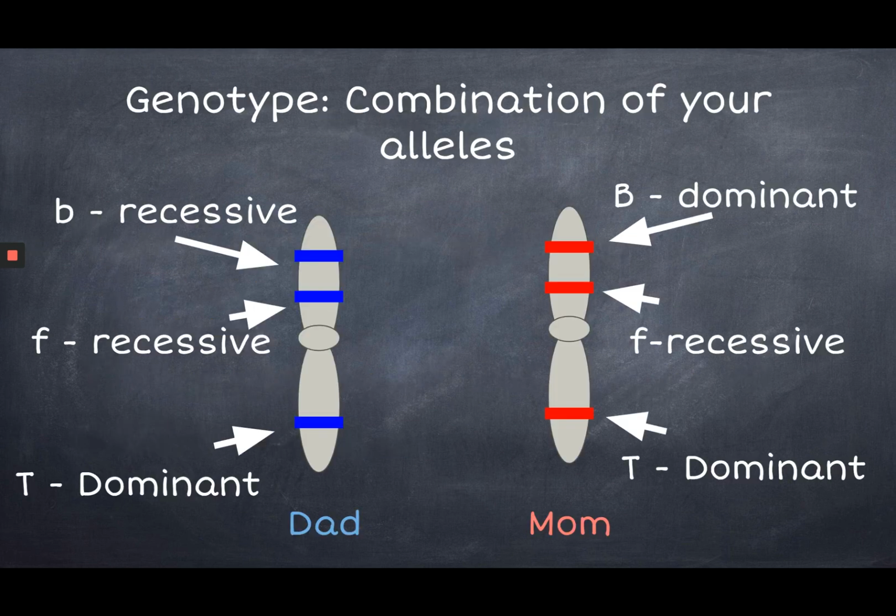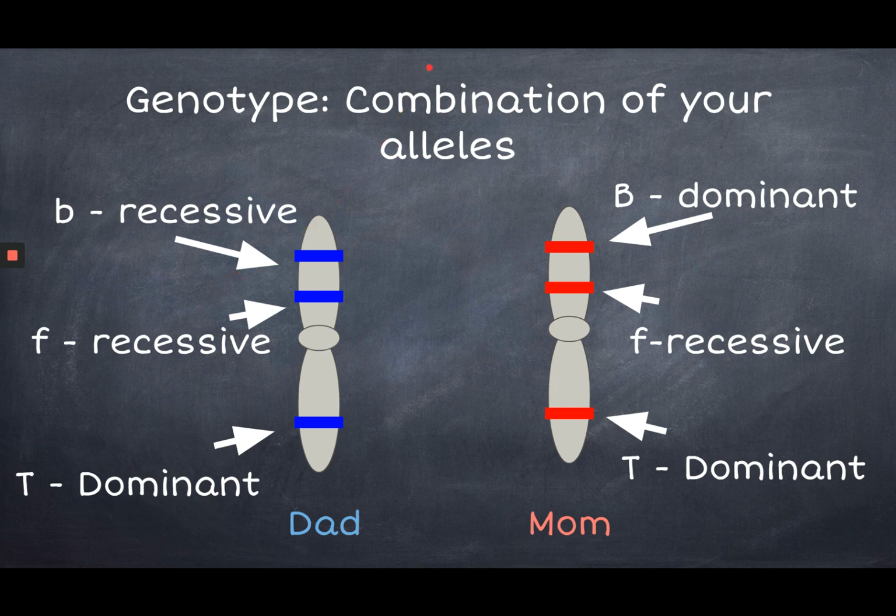And let's go back to our homologous pair, and we got the blue color. Notice how each of the letters represents the dominant trait. It actually tells you which trait you're going to physically express.